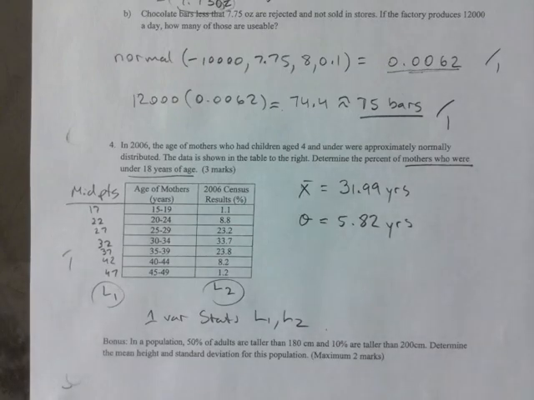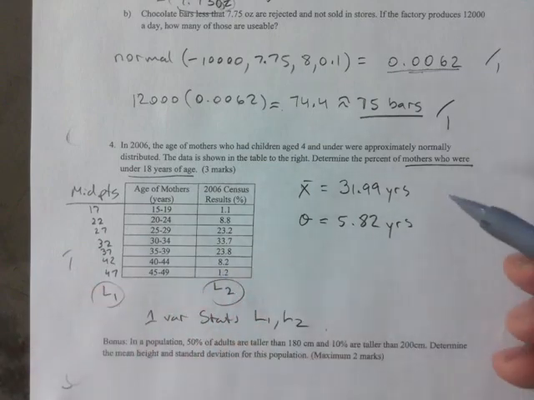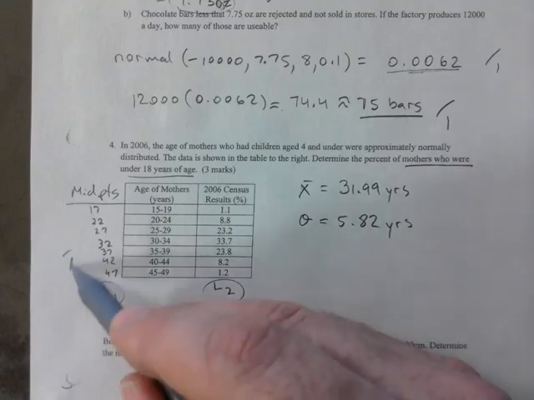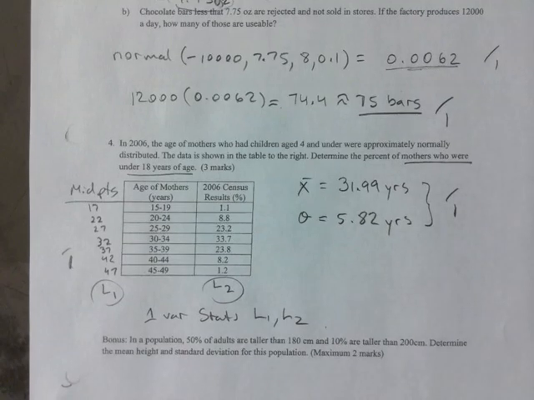Why is it important to do that? Because you cannot figure out percentage if you don't have your mean and the standard deviation. But I give you everything you need to figure that out. Okay, we've done this a lot. So I will give you 1 mark for the midpoints and 1 mark for figuring out this information. So 2 marks already if you got this far.